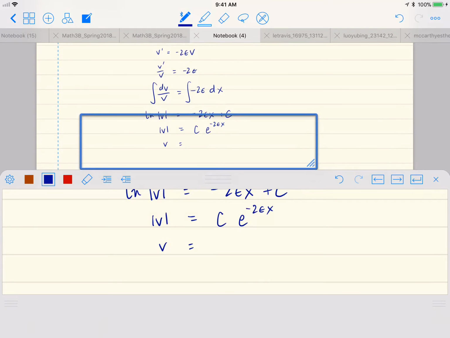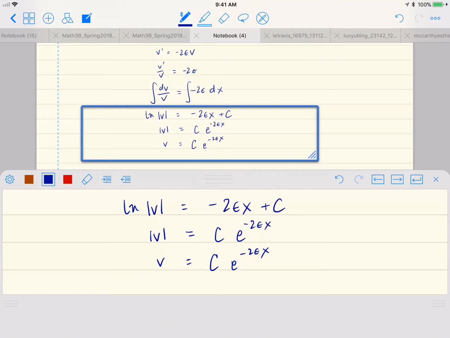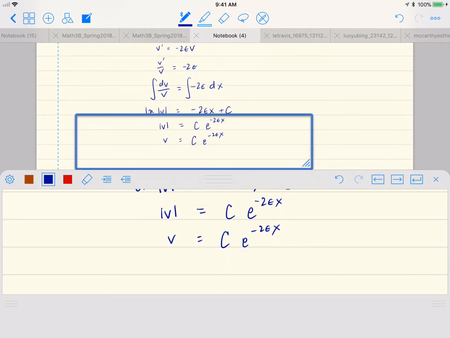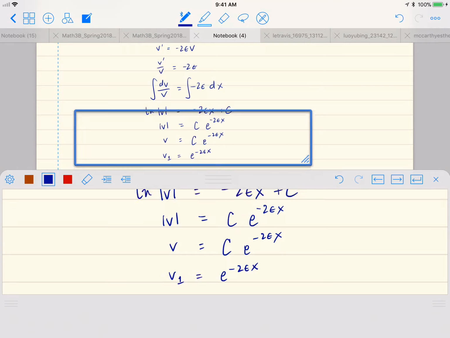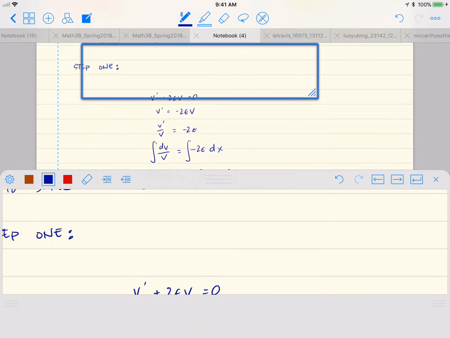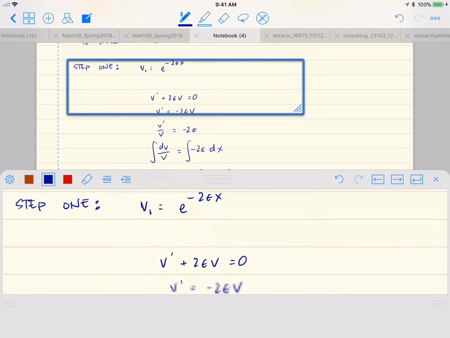And this is the same as writing v equals a constant times e to the negative 2 epsilon x. We just need a solution to the complementary equation, so we can take c equal to 1 and say that v1 is e to the negative 2 epsilon x.